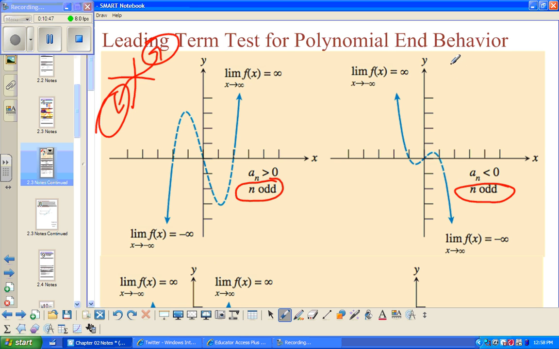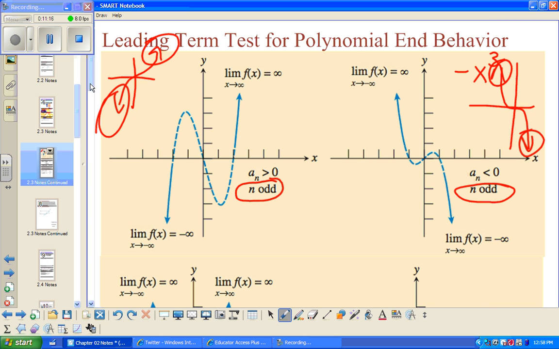If you look at this function here, it's still odd, but it has a negative leading coefficient. So just think of negative x cubed. Its end behavior is going to be the same as the end behavior for any odd polynomial with a negative leading coefficient. That's what you need to remember.